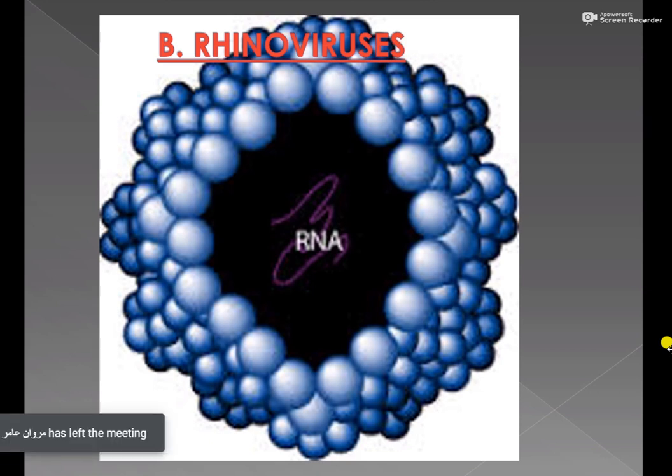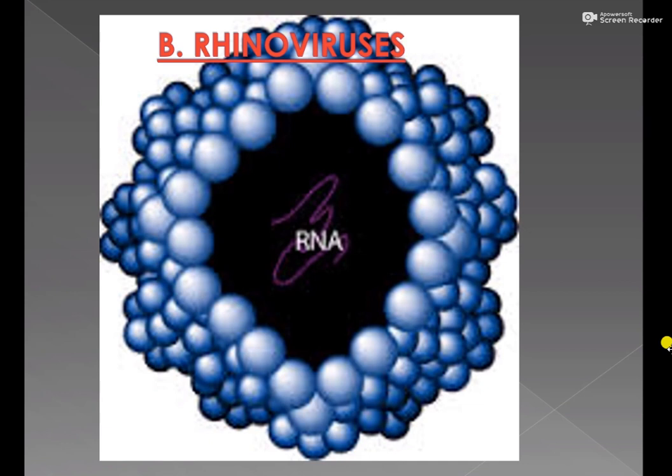in the Picornaviridae family. The second genera in the Picornavirus family are rhinoviruses. As we said previously, when comparing rhinoviruses and enteroviruses, rhinoviruses have more than 100 different serotypes, and they replicate in the nose and throat.